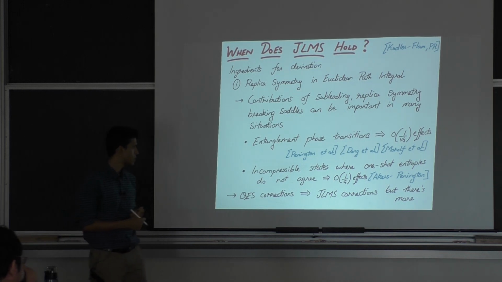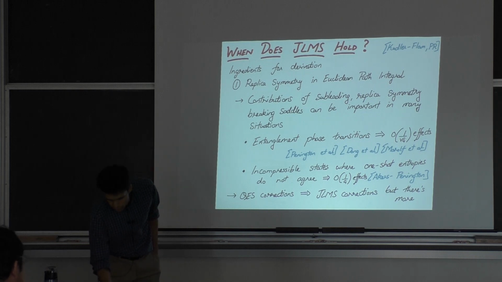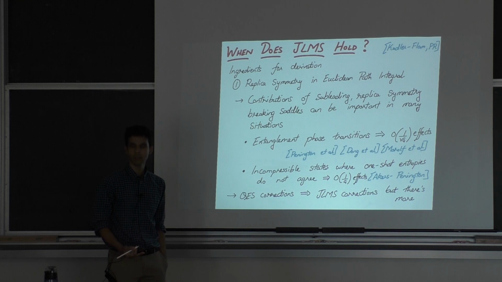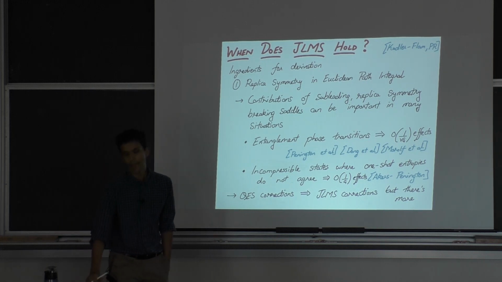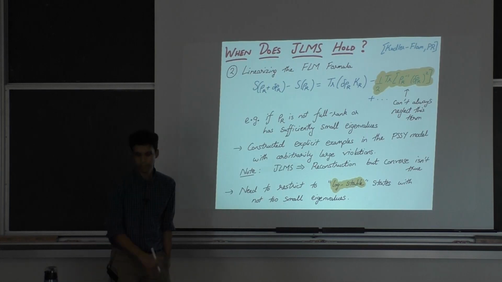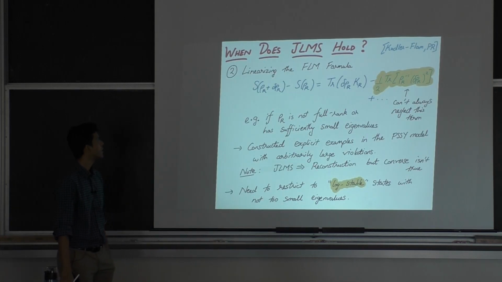However, what we noticed was that even the quantum extremal surface formula corrections imply JLMS corrections. It doesn't go the other way. So there's actually more ways in which the JLMS formula can fail than just the ones where the quantum extremal surface formula fails. And the ways it fails is easy to understand from just re-deriving the JLMS formula.